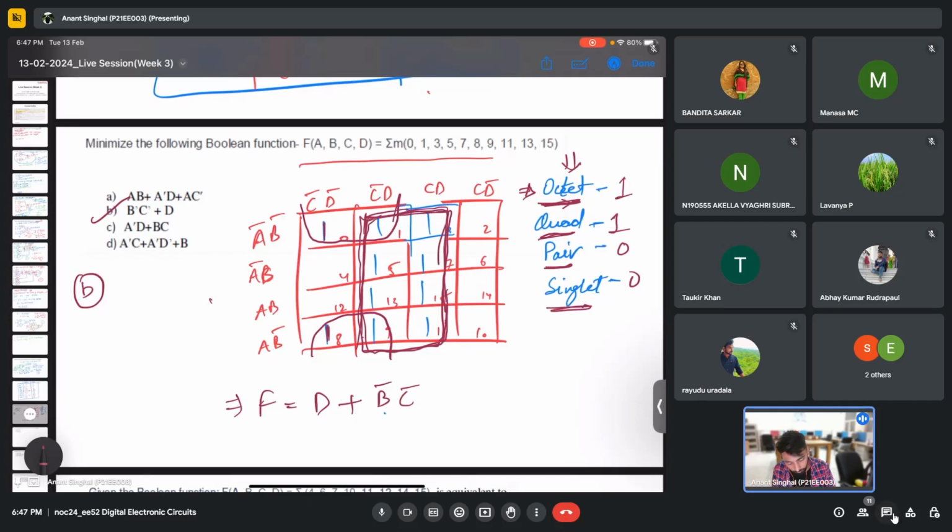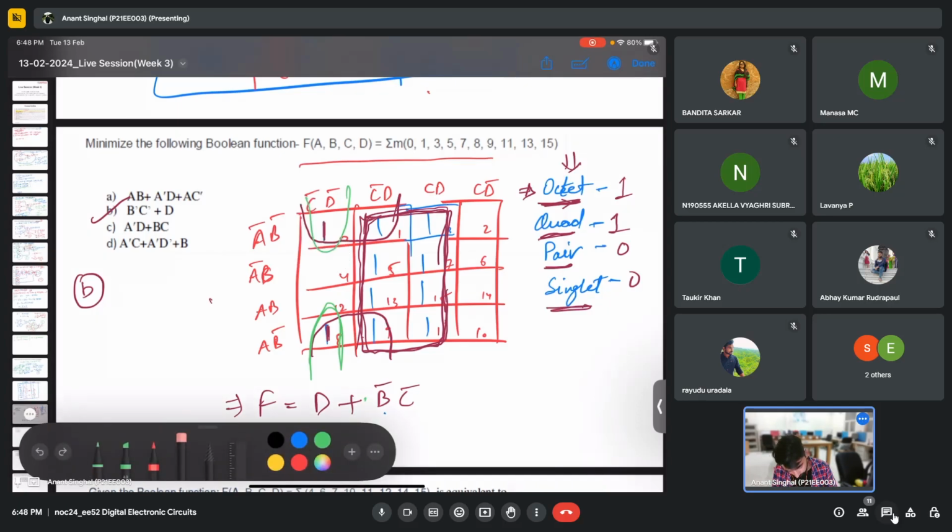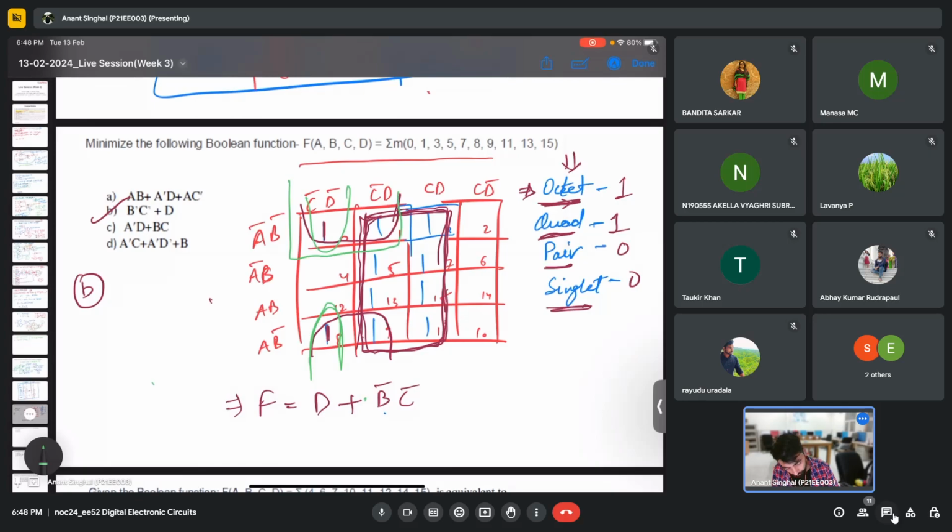Now I need to check whether I can cover it using a pair, which is this particular thing, or this particular quad. So I need to cover everything using the maximum priority. That is why I took this octet first, and then covered this with the quad. So that is why I got the minimized expression.